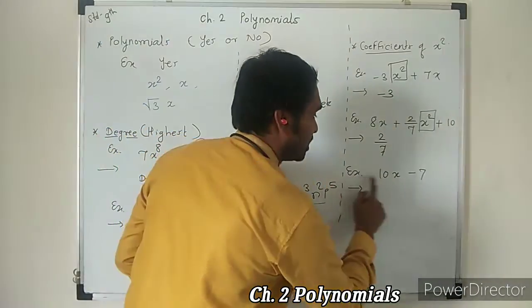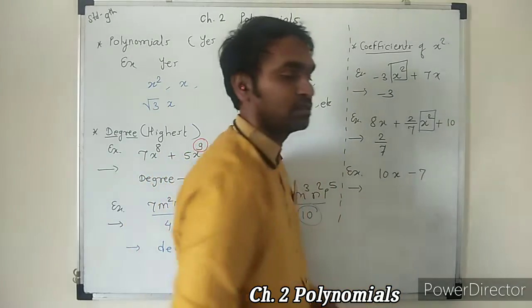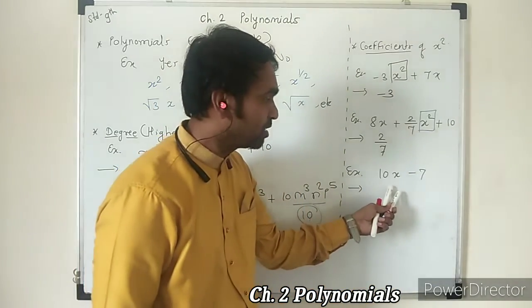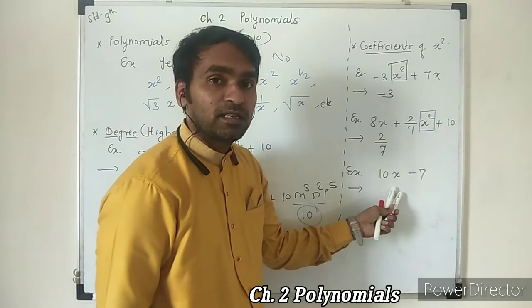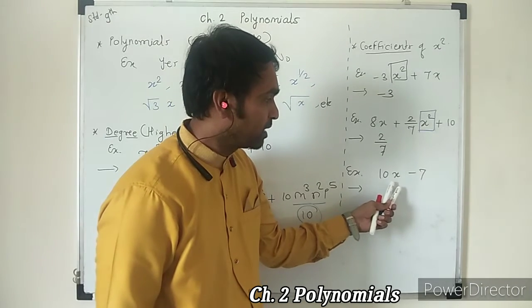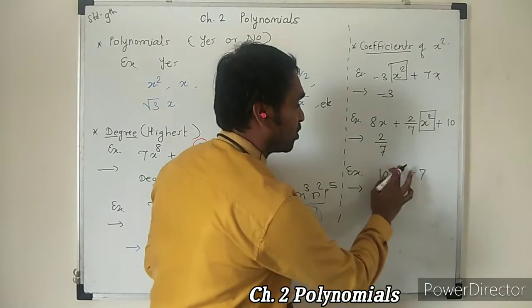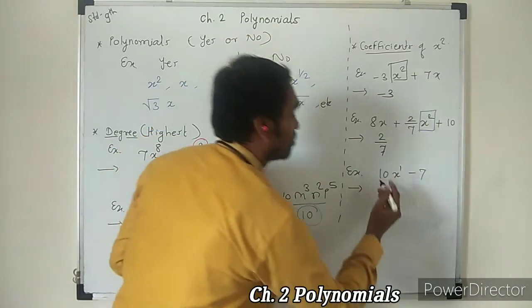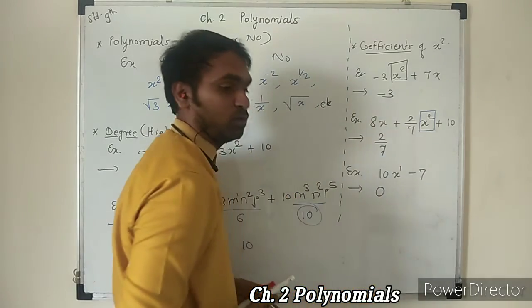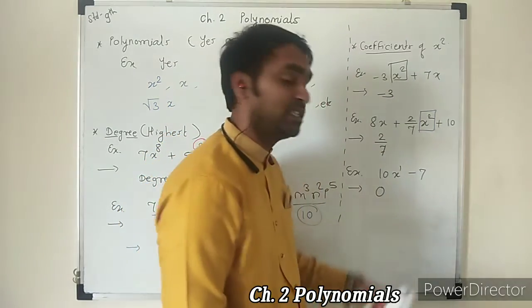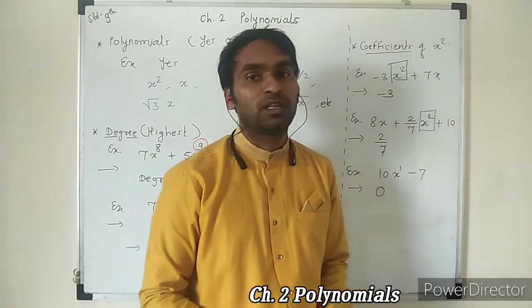Next one more example: 10x minus 7. See here in this example, is there any power 2? No, here only power 1 and the constant number. So here you write the answer 0, because x raised to 2 is not present.